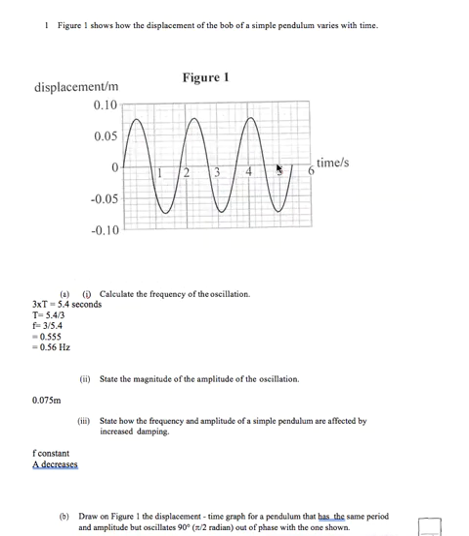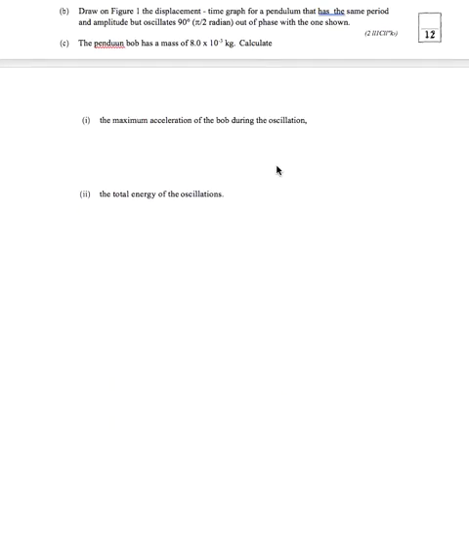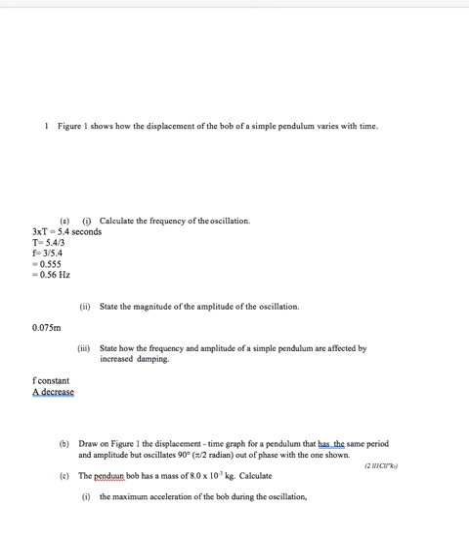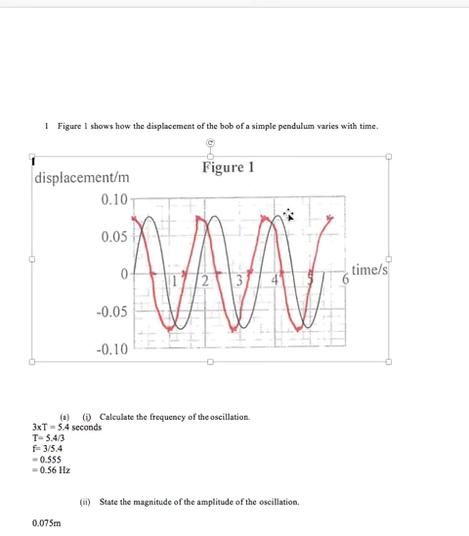And so you just need to be careful to draw that correctly, showing that this is a maximum when this is 0, and this is 0, and this is a maximum, and so on. So you can see how I have marked on my points and then drawn my smooth curve through them.